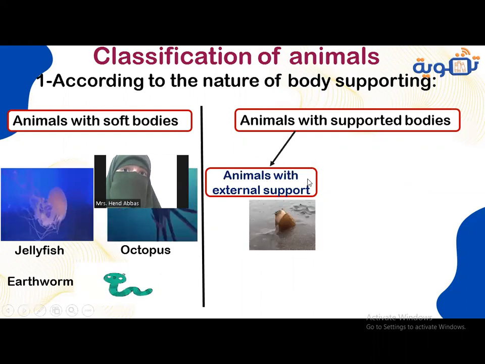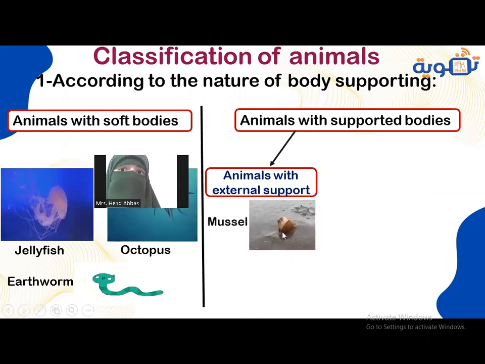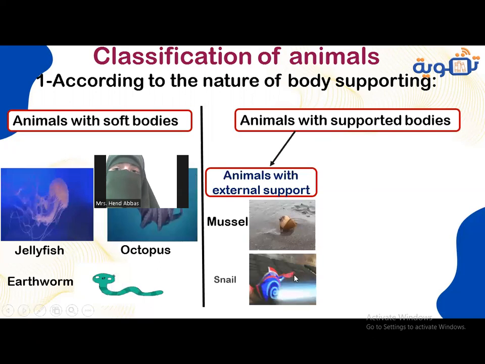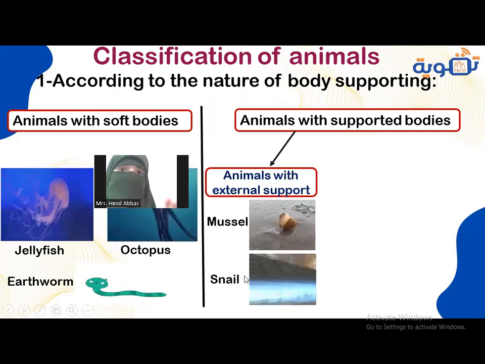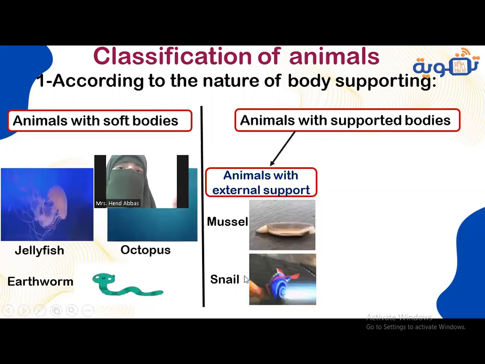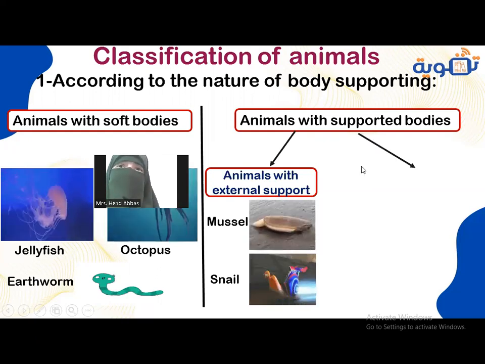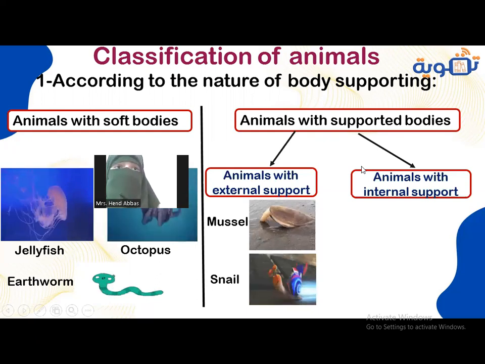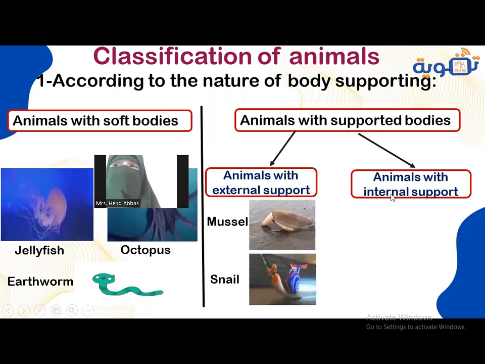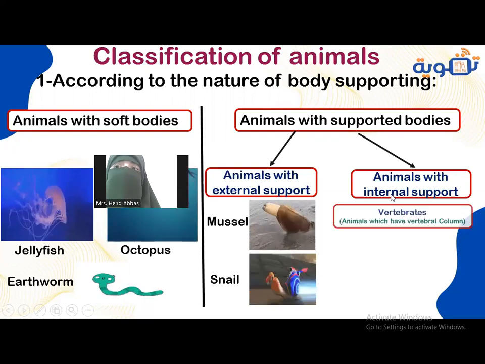The group of animals which have external support, like mussels and snails. Do you know Turbo? Yes, this part is the shell. This is outside its body. It covers its body from outside, so it's external support. What about the animals that have internal body support? Yes, we humans have internal support. We have a vertebral column.